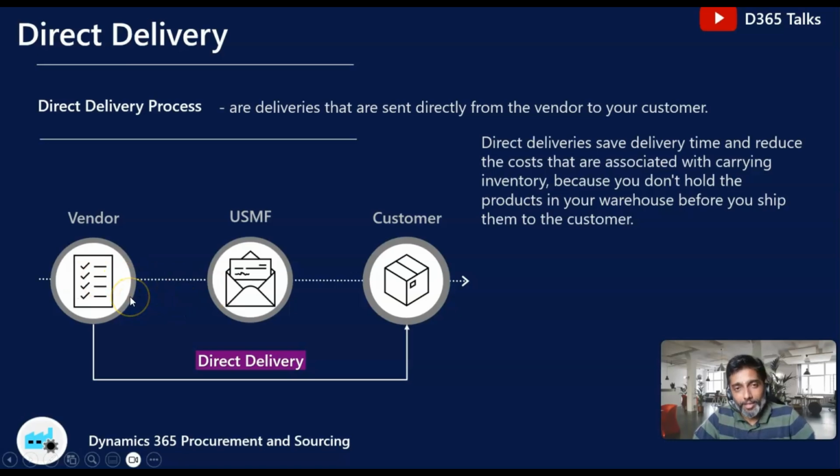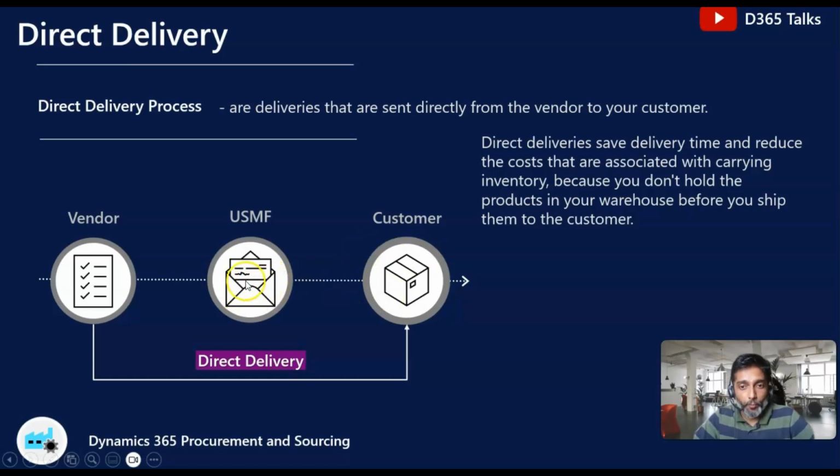Because of various reasons like a shortage of expertise, or transportation or lead time, they get into an agreement and ask the vendors to manufacture the required finished good items and deliver them directly to the customers, instead of bringing them to USMF, storing them, and then creating sales orders whenever there is a need from the customer.